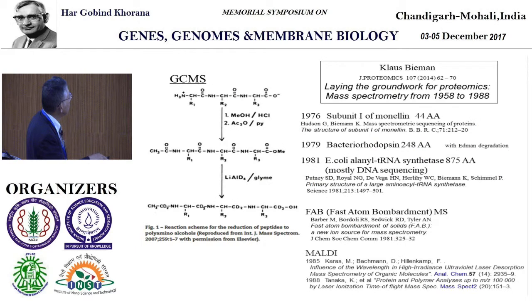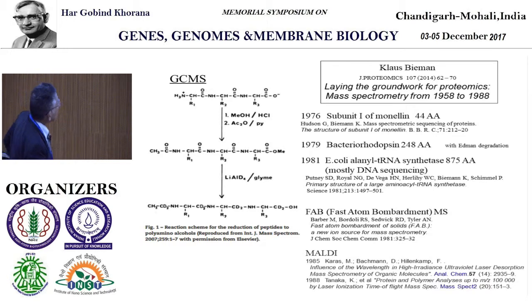However, Klaus Biemann's group started sequencing proteins with mass spec. At the beginning, it was gas chromatography mass spectrometry, GCMS.